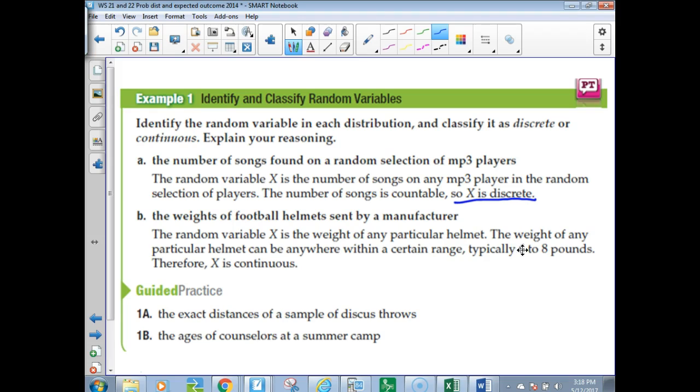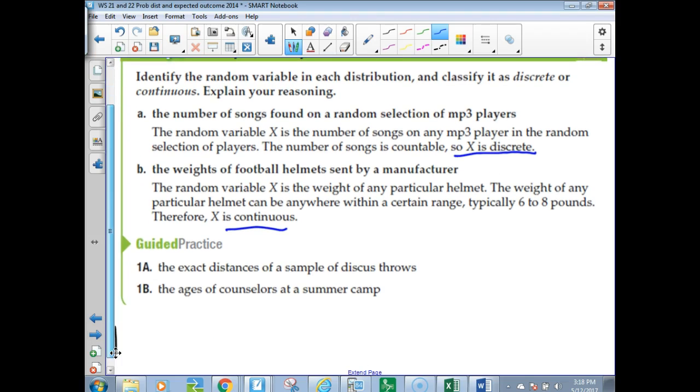But the weight of a particular helmet, if it says it ranges from 6 to 8 pounds, that's continuous because it can be values between 6 and 8, decimals. So, what about this example? We're going to decide on this. The exact distances of a sample of discus throws. Continuous? Okay, that is continuous, because the values can be decimals within a range.